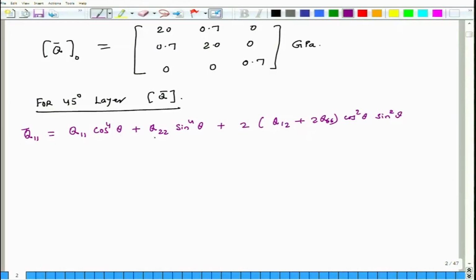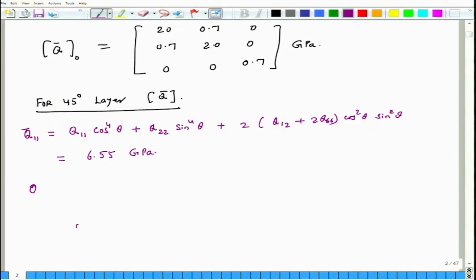We know the values of Q11, Q22, Q12 and Q66. So, if we plug in all the values, we find that Q11 bar comes out to be 6.55 GPa.